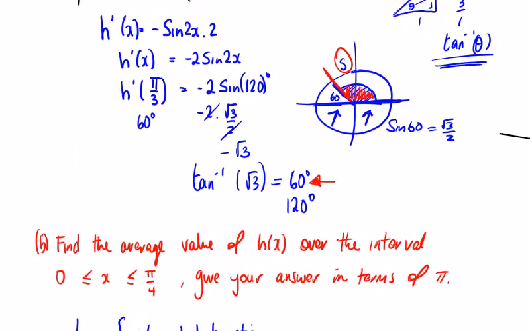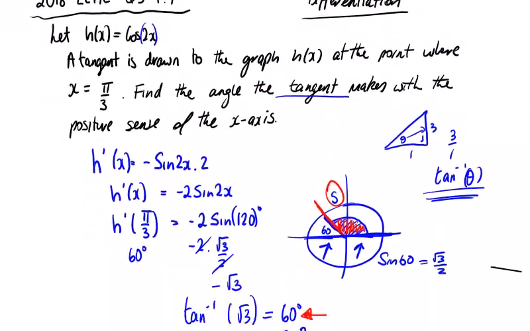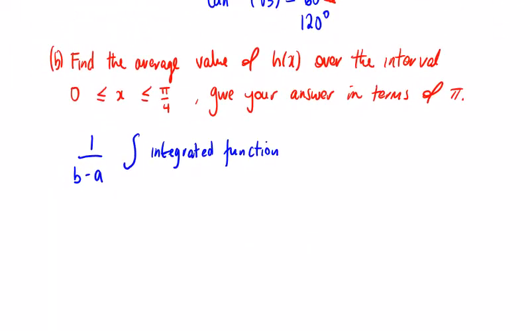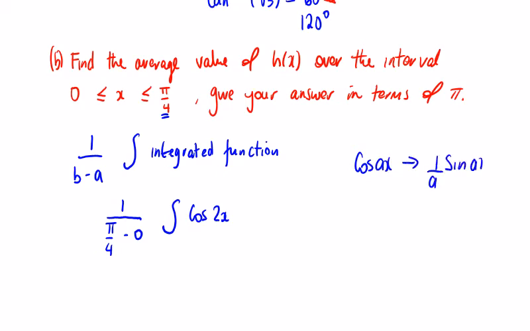So what was our function? Our function was cos 2x. So it's going to be 1 over, now b is always the bigger number, pi over 4 minus 0 by the integrated cos 2x. And cos ax, when we integrate it, goes to 1 over a sine ax.